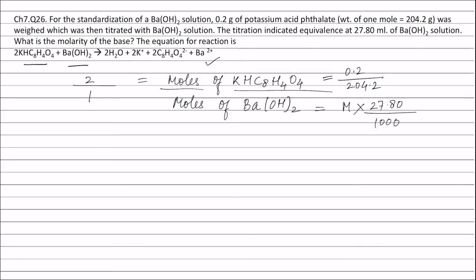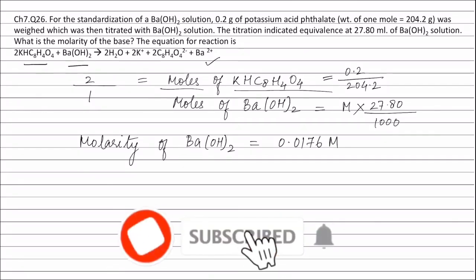Solving this equation, the value for molarity of barium hydroxide solution is equal to 0.0176 M.